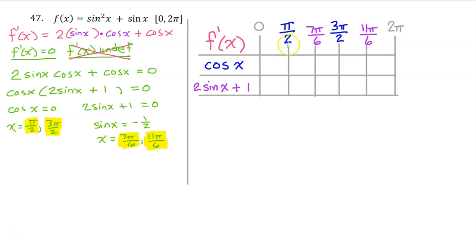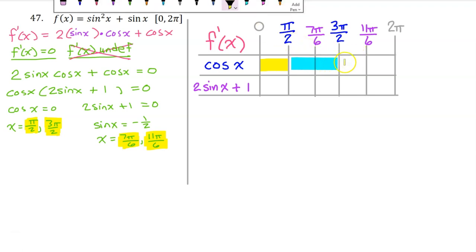That means that these are the only places where cosine x might change signs. Because of that, we only need to check the interval from 0 to pi over 2 and from pi over 2 to 3 pi over 2 and from 3 pi over 2 to 2 pi.